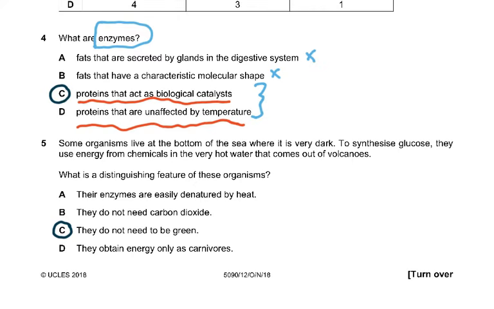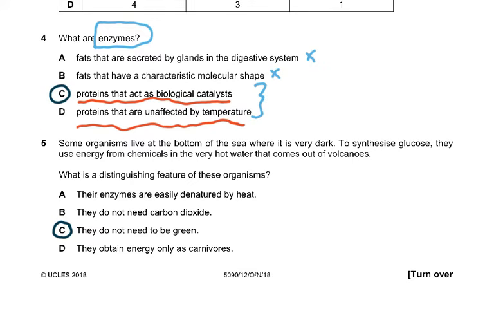We can't say proteins are denatured at higher temperatures generally, because there are certain enzymes found inside thermophilic bacteria which have a very high optimum temperature, which exist in volcanoes. And the temperature in the volcanoes is very, very high. So enzymes are proteins, and proteins are denatured at temperatures above their optimum. Every enzyme has its own optimum.